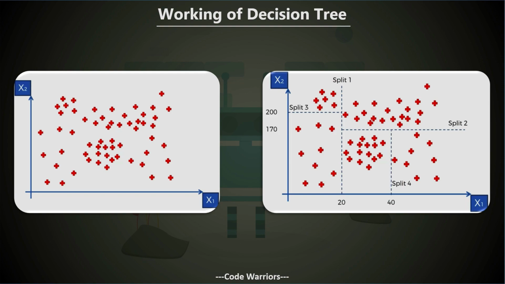As you can see on the right side, after we have implemented the decision tree on this data set, there has been a split of the data set, and after splitting we have got 5 different regions. After splitting the data set into different regions, we calculate the average of each region, and the average will act as a label for that particular region.